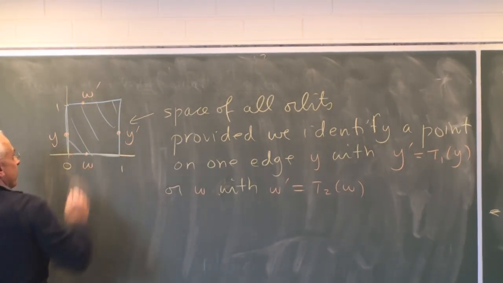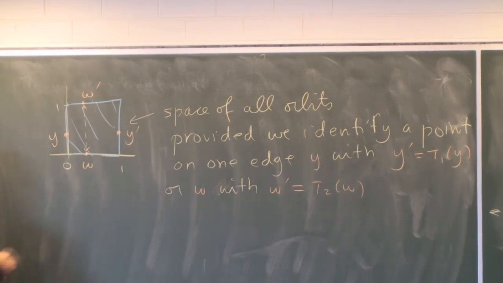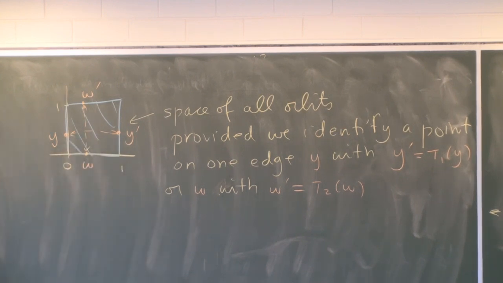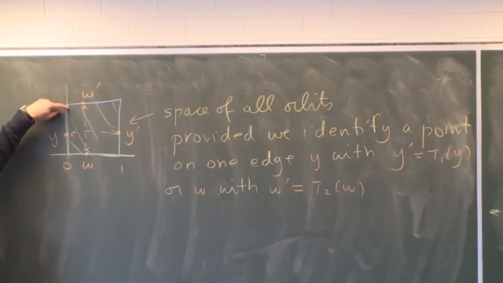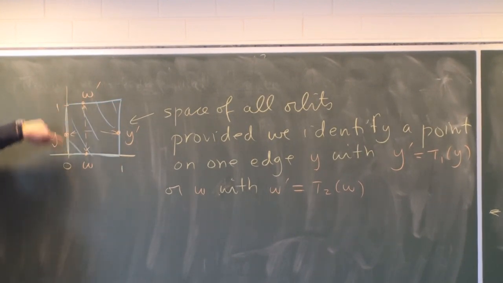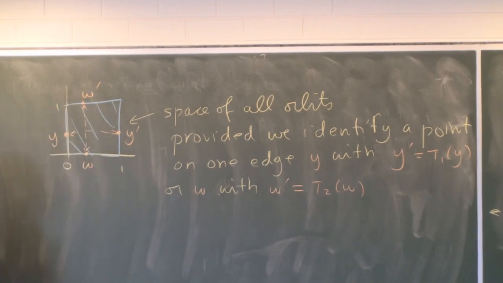So we want to identify these 2 points. It means we basically want to glue them together. And we want to identify these 2 points. We want to glue them together. And that includes the special case of the corner, because then the corner has to be identified with that because of that first rule, and also has to be identified with that by the second rule. So the corner will be identified with all the other corners.